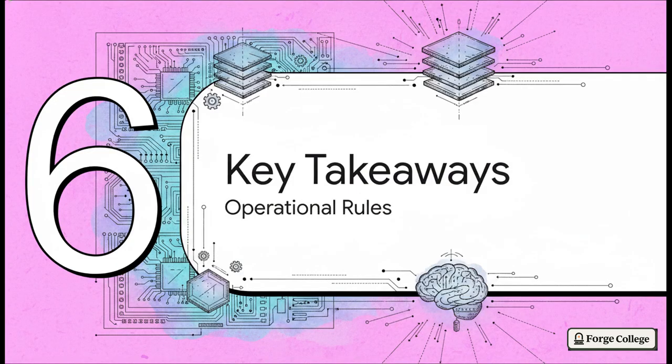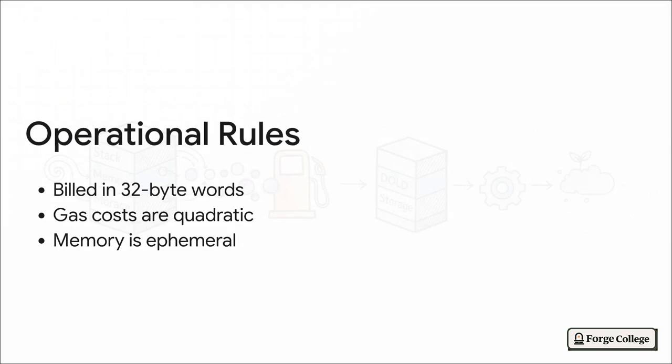All right, let's wrap this up. Section 6, key takeaways. Operational rules. We've covered some absolutely critical engineering blueprints today, and I want to make sure these are permanently etched into your mind. Here are the core operational rules for reasoning about EVM buffers, calldata, or return payloads. First, memory is byte-addressable, yes, but it is billed strictly in 32-byte words.